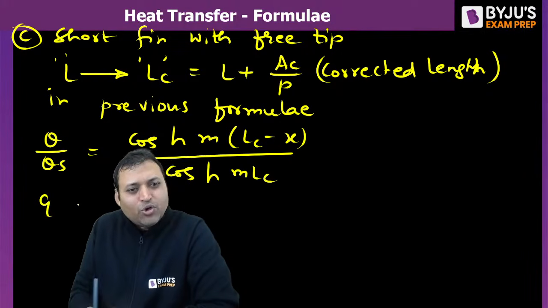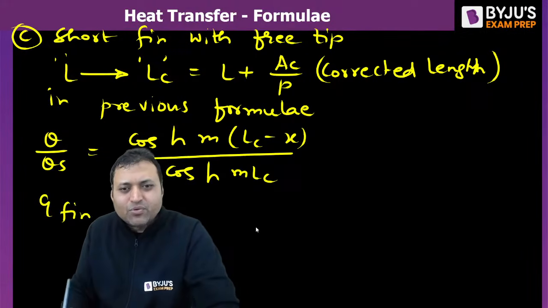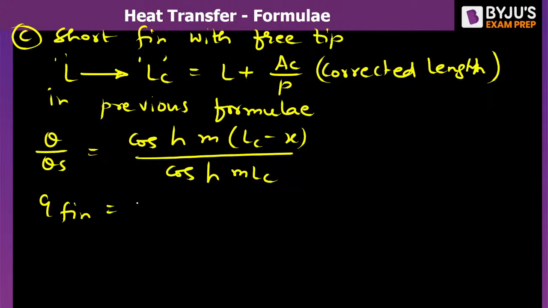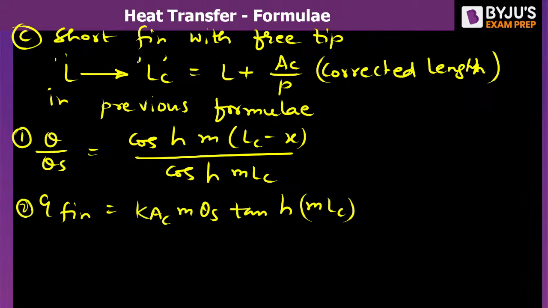And Q fin will be equal to k A m theta s into tanh of m Lc. This is how the formula will be replaced for short fin with free tip.